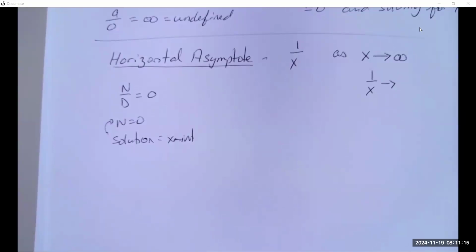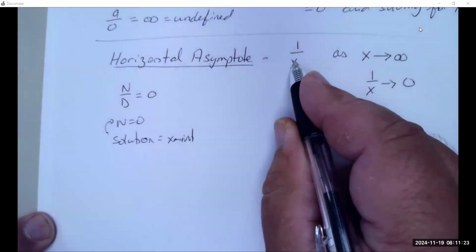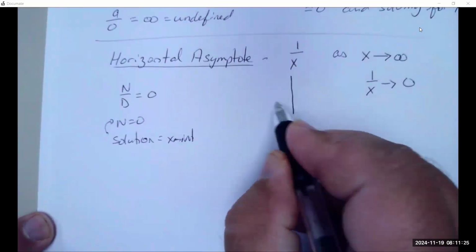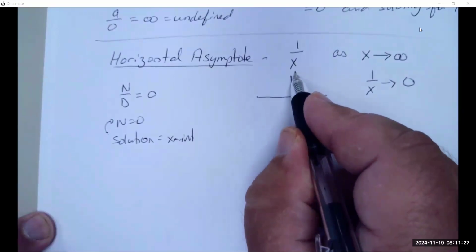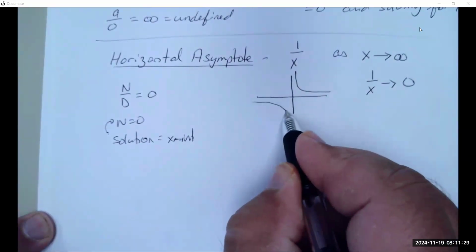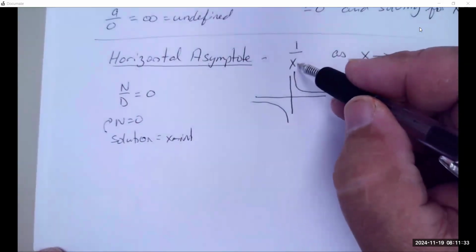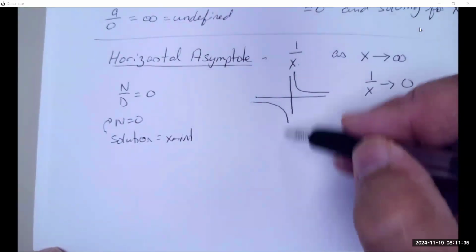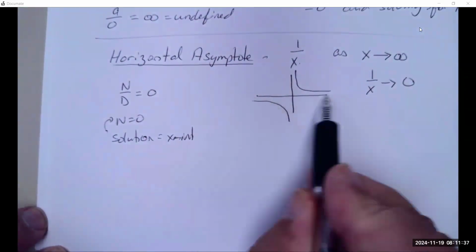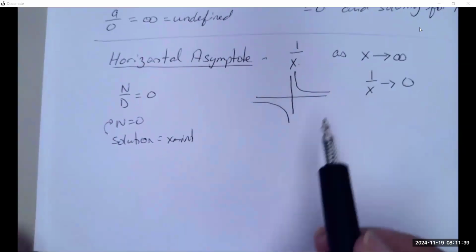Very good. You looked at the graph in your head. Perfect. It goes to 0. What does the graph of 1 over x look like? It has a vertical asymptote at 0 because x cannot be 0, and a horizontal asymptote also at 0.